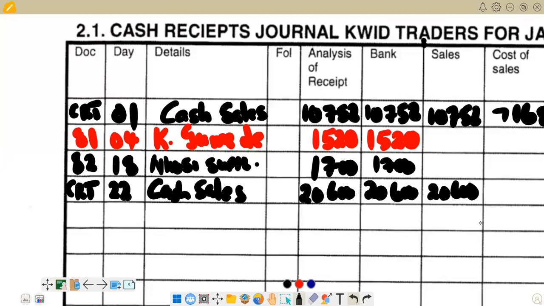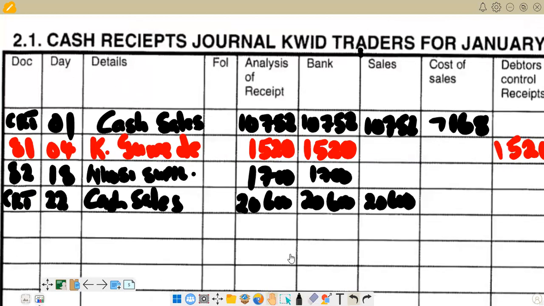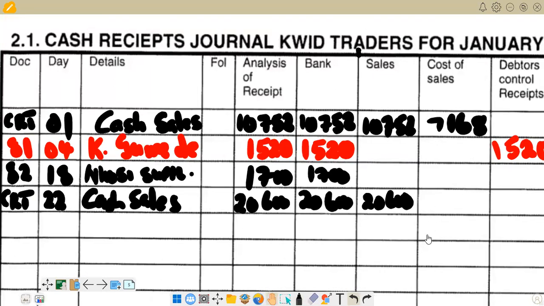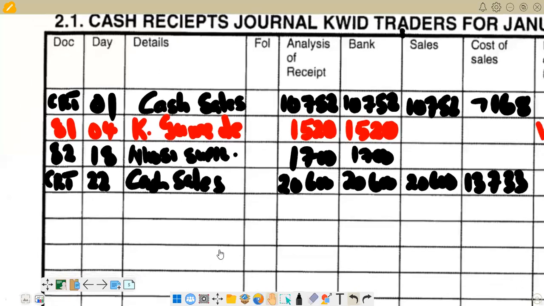And then we also have the cost of sales column, and we are given that cost of sales figure as 13,733. So this is what we have. It's not going to affect the sundry account column, because all the accounts have columns there. So we go to the next transaction to check what we have.